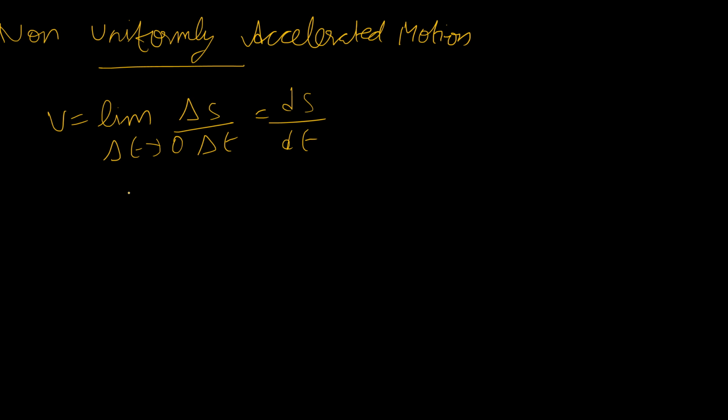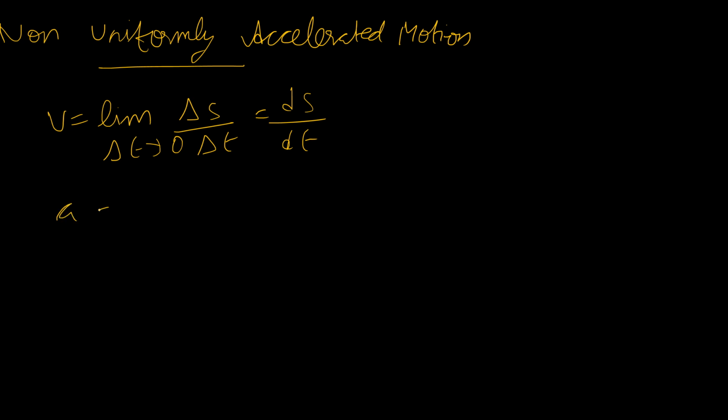Non-uniformly accelerated motion. When acceleration of particle is not constant, then the motion is called non-uniformly accelerated motion. For one-dimensional motion, v equal to limit delta t tends to 0, delta s by delta t equal to ds by dt. We know this, right?